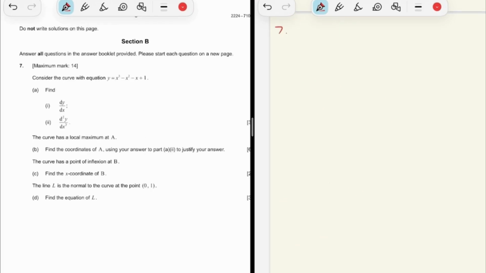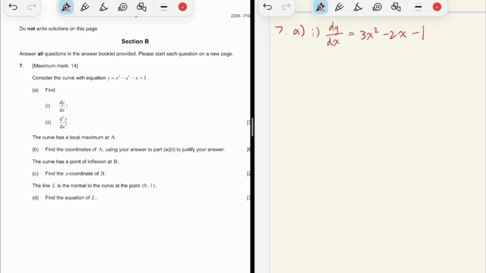Question 7. So for part A, we're simply finding the derivative. And so for the first one, dy over dx is equal to 3x squared minus 2x minus 1.